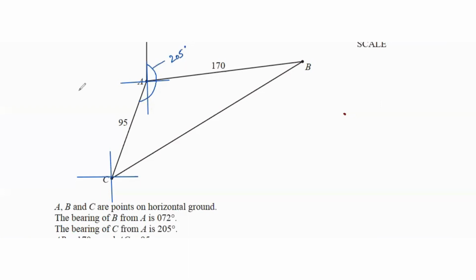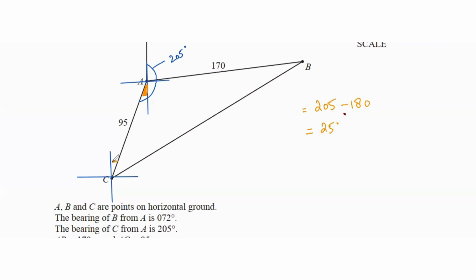So if we subtract 180 from it, that is going to give us this small angle over here. So 205 minus 180, that gives us 25.